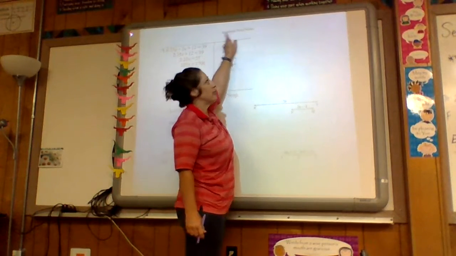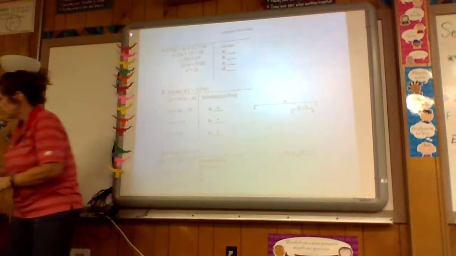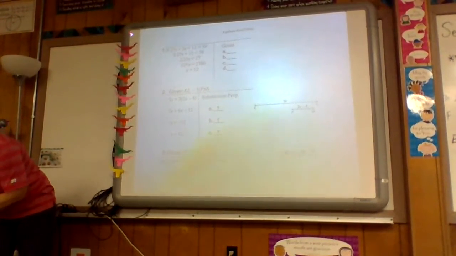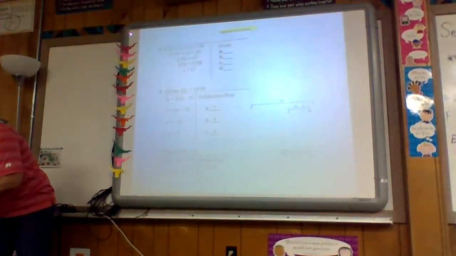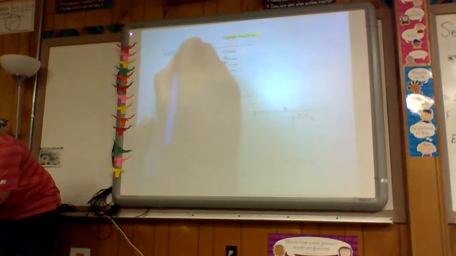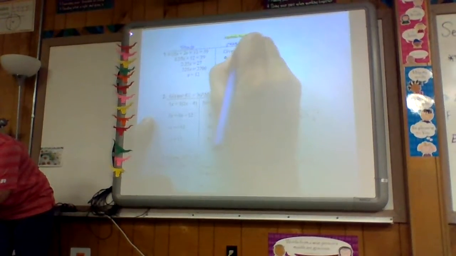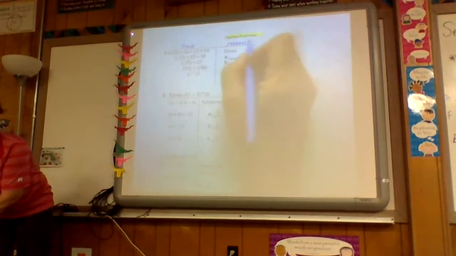Maybe it's really small, but please highlight "algebraic proof notes" up here at the top. Notice that it's in 2-column form. On the left side are my statements, on the right side are my reasons. Everything here is going to have a reason for what I do.